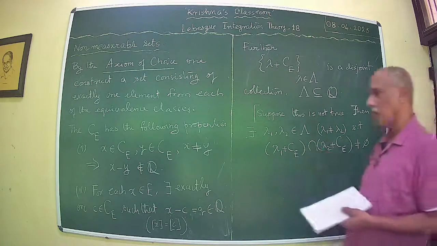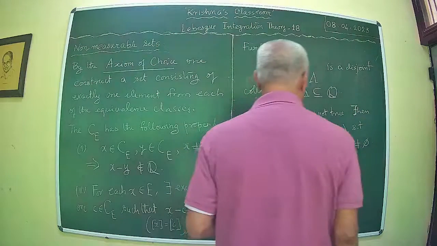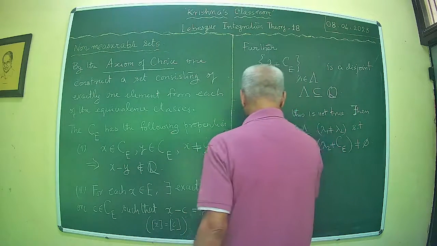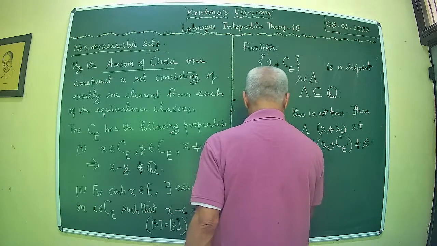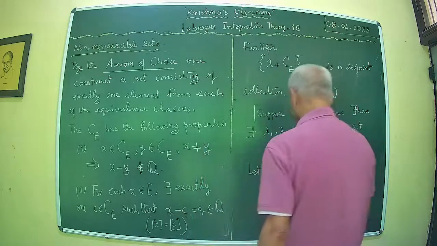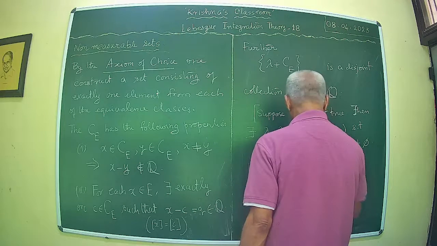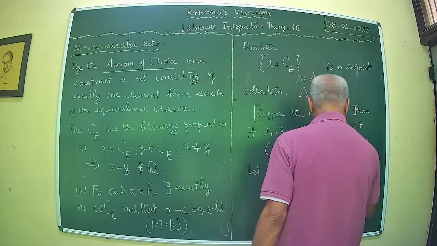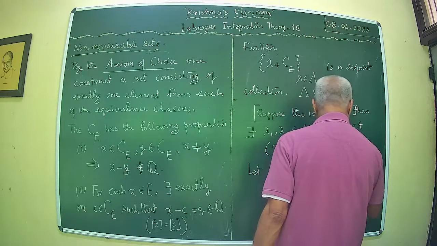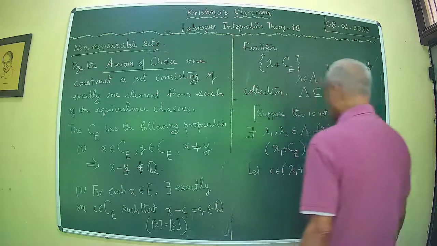That means there is a common element between them. Okay. So let x be in the intersection. What does it mean?